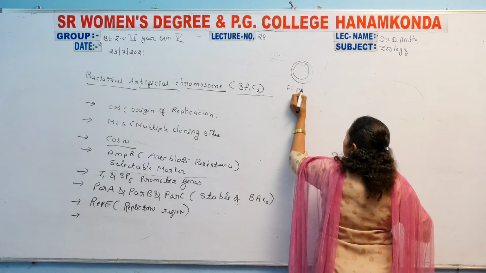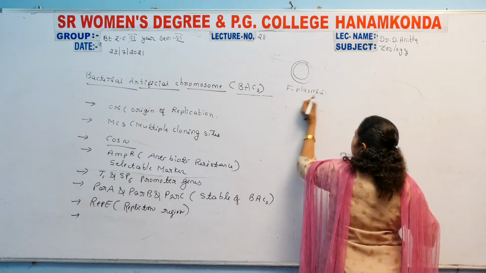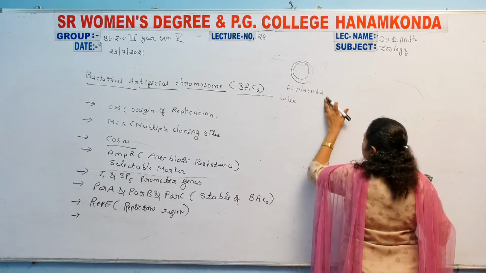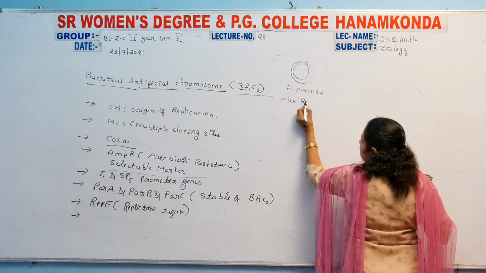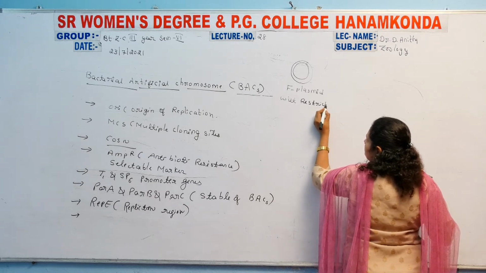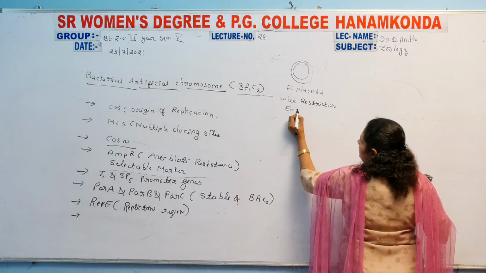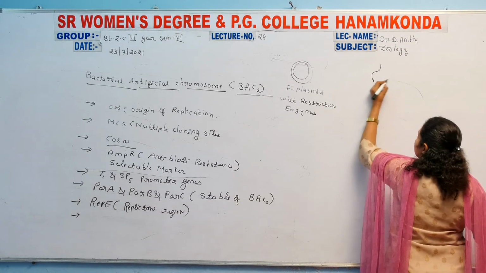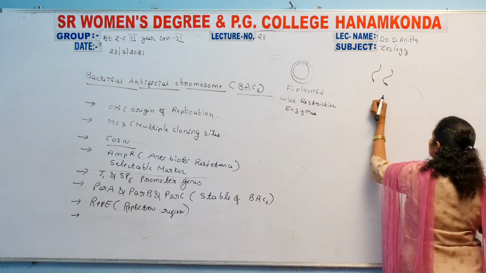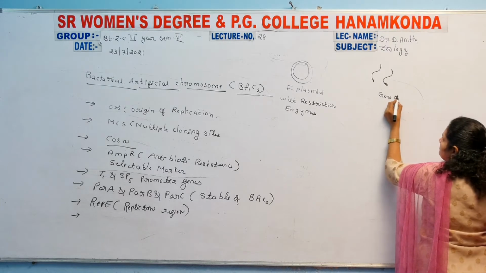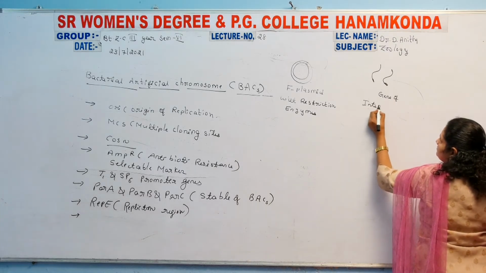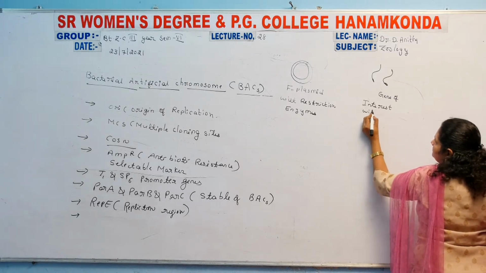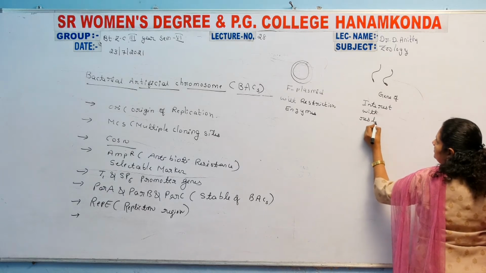The F plasmid is cut with restriction enzymes, and the gene of interest is also cut with restriction enzymes.